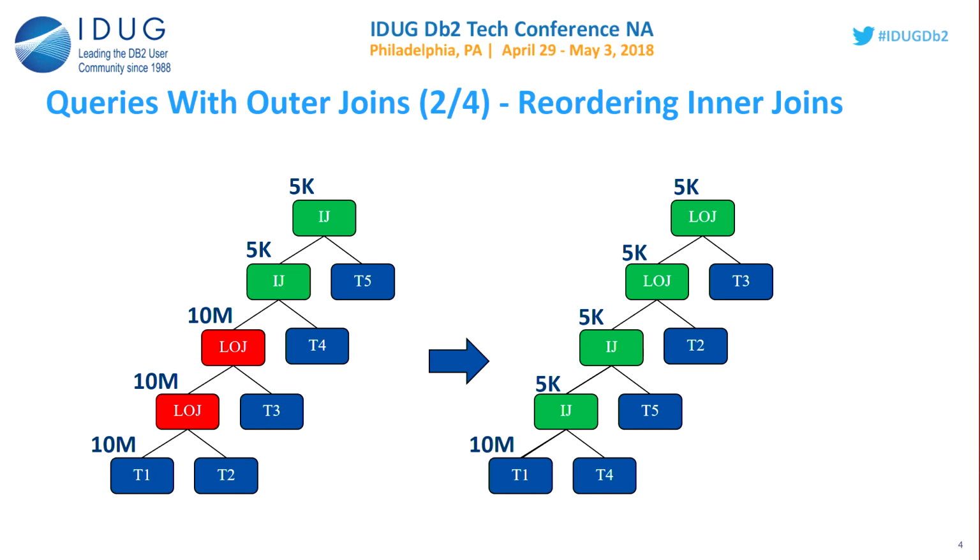So we have 5,000, 5,000, and you can see the two left outer joins and compare it with the one on the left-hand side. You can see that it's so much easier to do that join because it has fewer rows. So the takeaway here: do your filtering inner joins or lookup inner joins before your outer joins.